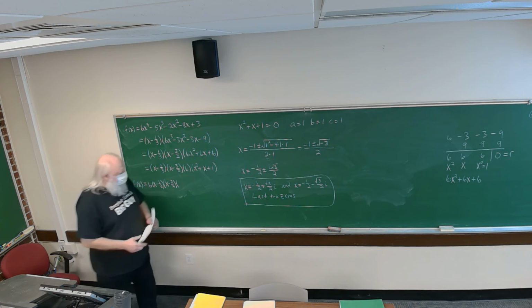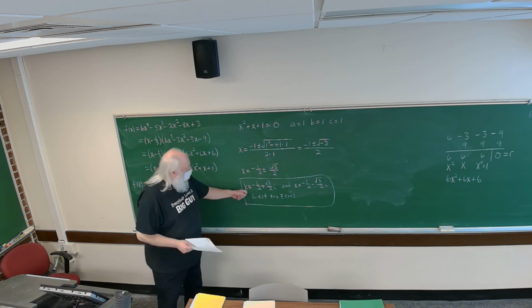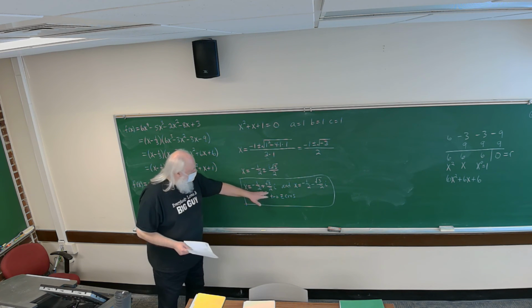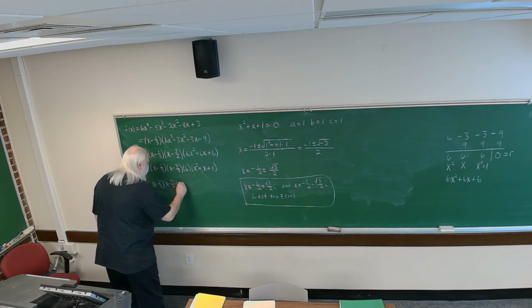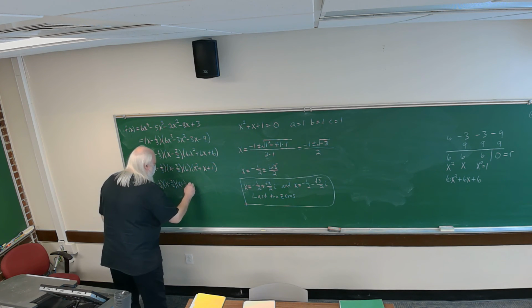And now, the factors, right, these are the zeros. So to get the factors, I have to add 1/2 and subtract square root of 3 over 2i. So I have x, the first factor: x plus 1/2 minus square root of 3 over 2i.